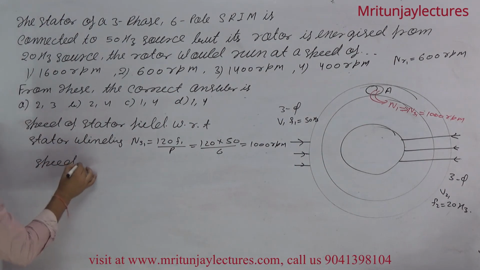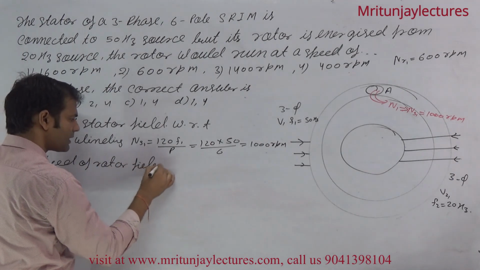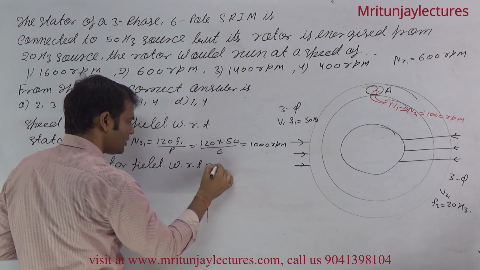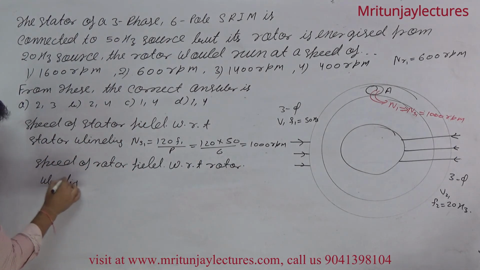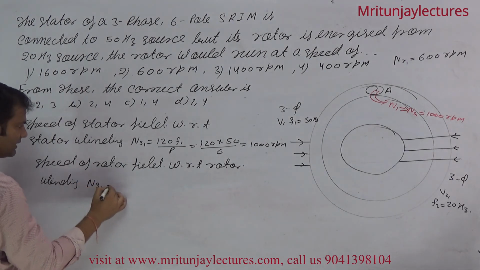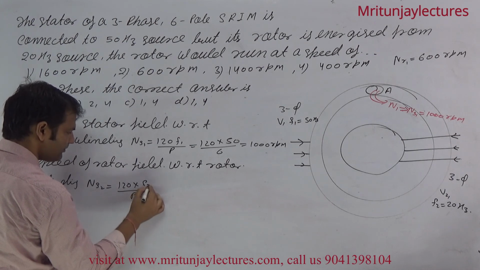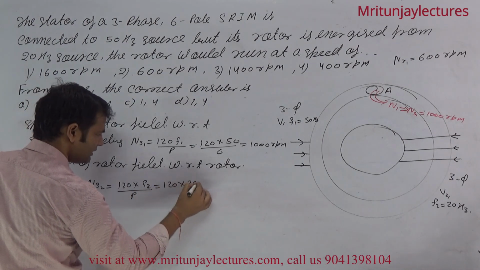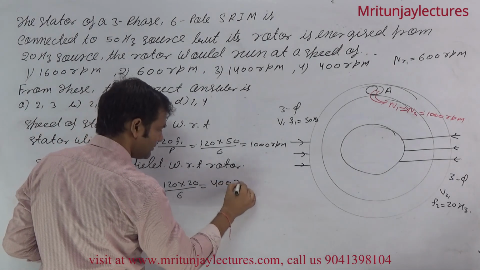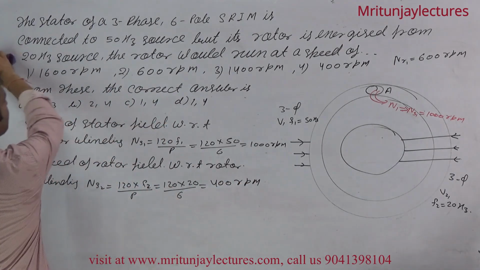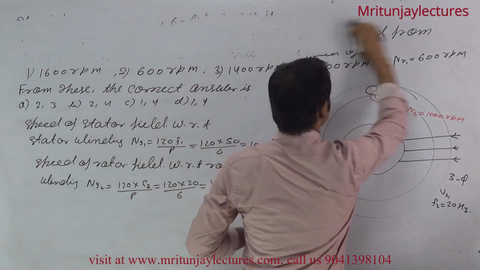The speed of the rotor field with respect to the rotor winding, that is NS2, is 120 F2 by P. That is 120 times 20 Hz divided by 6, that is 400 rpm. Our motto is to focus on rotor speed.